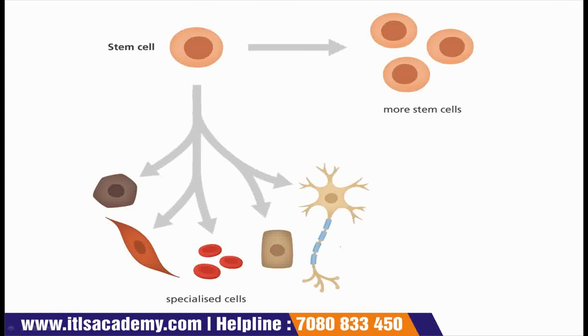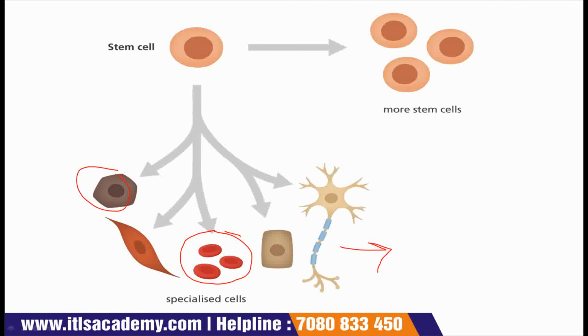If this is a nerve cell, then it will respond to functions related to neurons or our brain. While this is an RBC, it will respond to signals related to the blood, to the heart, and many others.